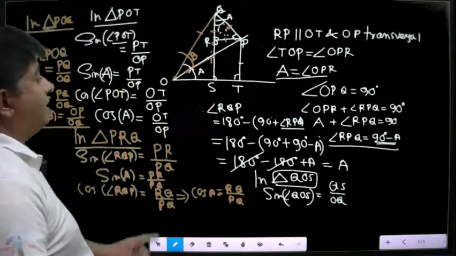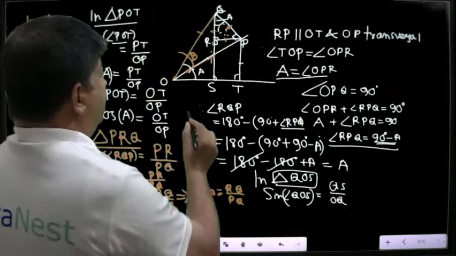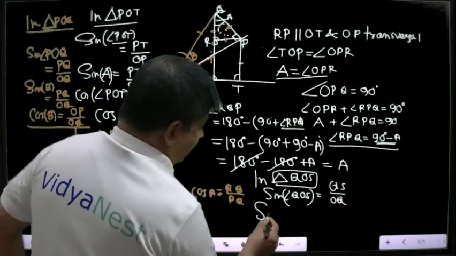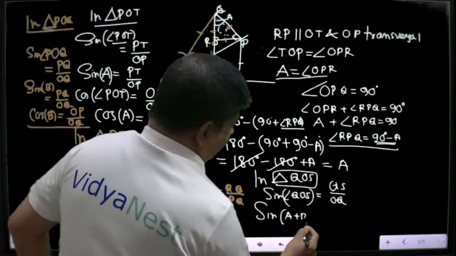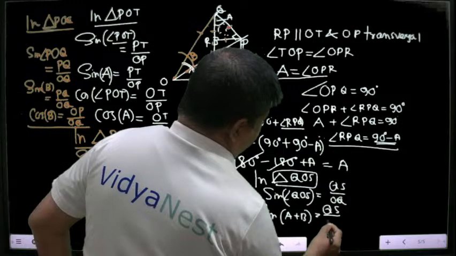QOS depicts A plus B, so sine of A plus B is QS by OQ.